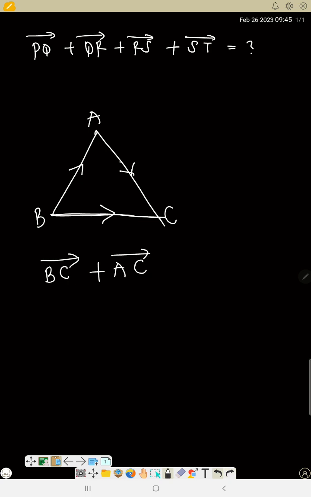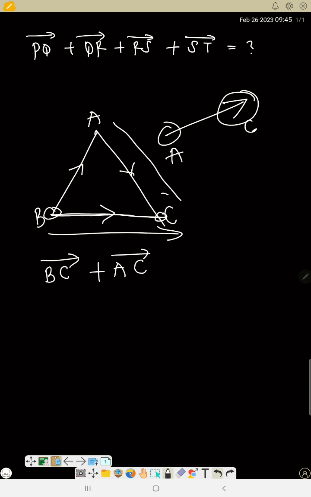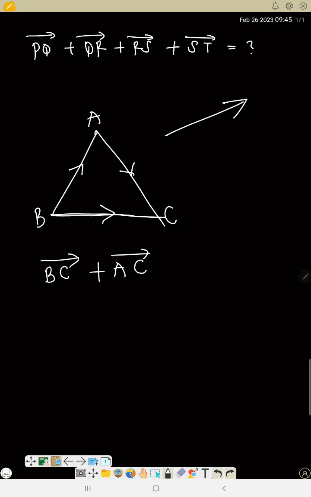So what I'm doing is that, see the arrow, I've told you to follow the arrow, tail to head. That's how you number vectors. So now see BC, this is the tail, this is the head, moving in that direction. AC is in this direction, so don't just label anyhow, you need to follow the arrow. So now this is BC plus AC, then plus BC. I can actually add anyone first. I can take AC first, anyone, but I'm sure that this is tail to head, and tail to head. So now with this we can find their resultant.